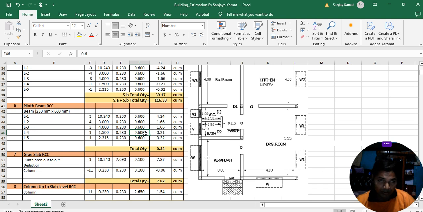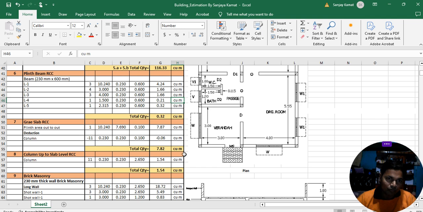Since we have these 4 values, multiply them: 1 into 1.500 into 0.30 into 0.600, and after multiplying, press the equals sign. Then you will get 0.21 cubic meter.